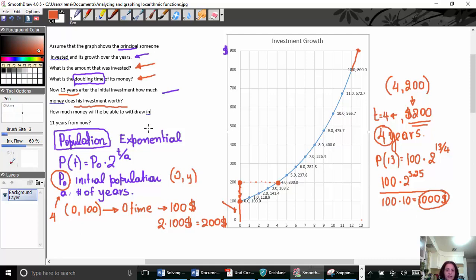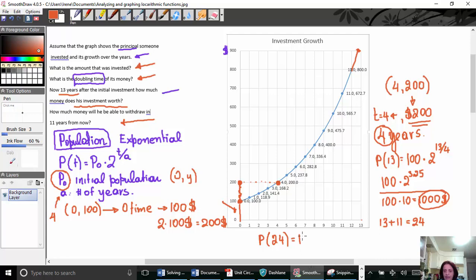Another question that is asked is, how much money will he be able to withdraw after 11 years from now? Since we are now 13 years after the initial investment, we are asking how much money he will be able to withdraw at 24 years, 13 plus 11. In order to do that, we have to calculate P of 24.